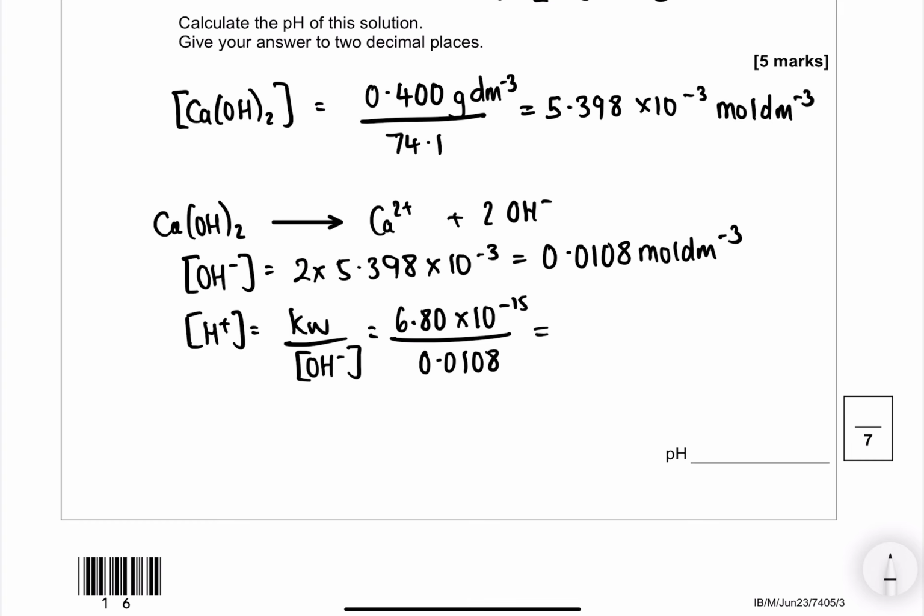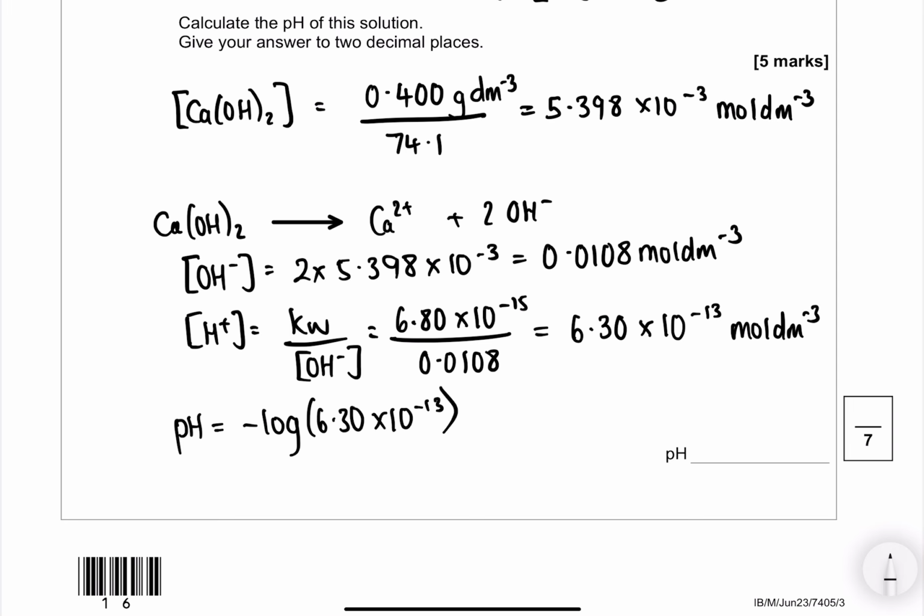So again, on our calculator, I'm going to use that fraction button, put my answer into the bottom line. I'm getting 6.30 times 10 to the minus 13 moles per decimetre cubed. And then pH is the negative logarithm to the base 10 of the hydrogen ion concentration.